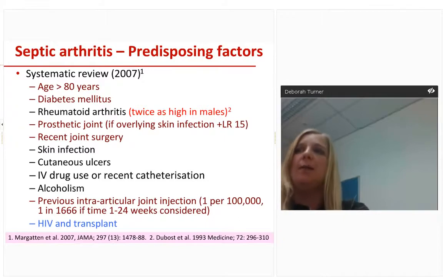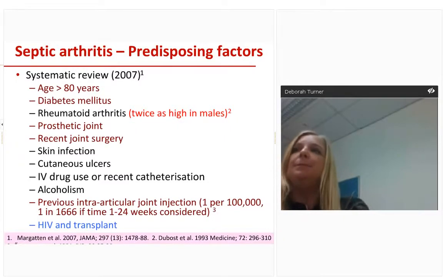So it doesn't have to be overly recent. What we've also got to consider is the likelihood in patients with HIV or transplant, which are immunocompromised, with the potential being much higher.